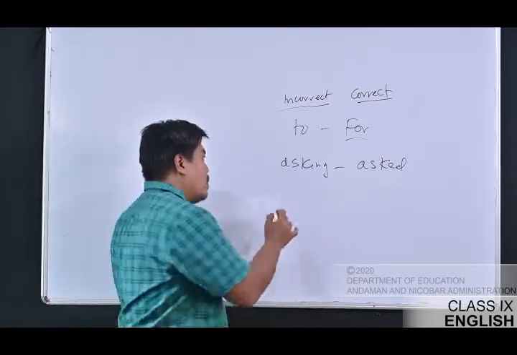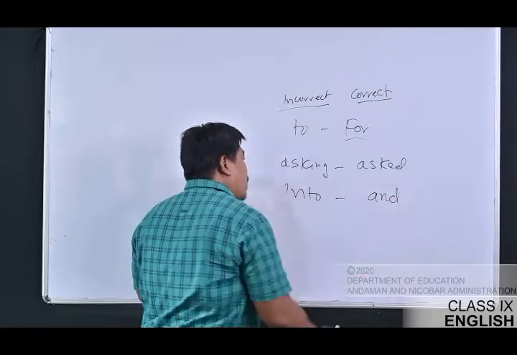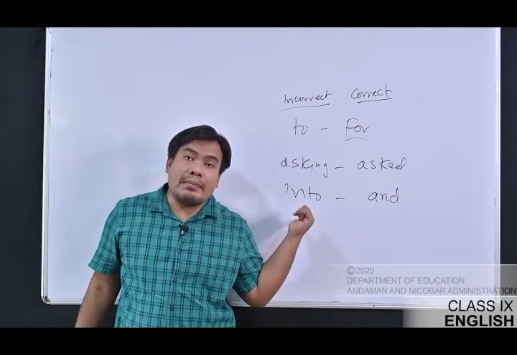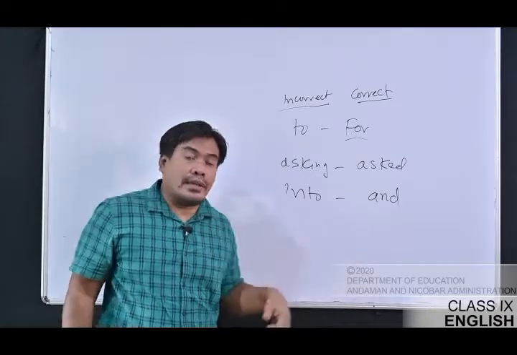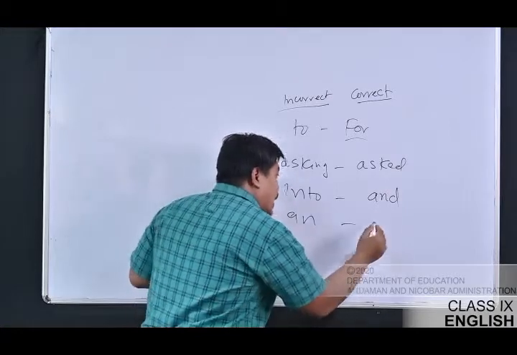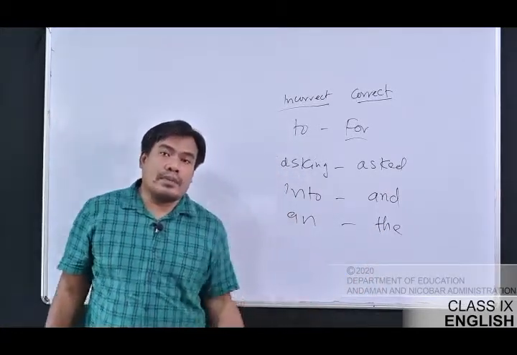That "into" is wrong and it has to be "and". Measure the length and breadth of an entire earth. That "an" is incorrect, and it has to be "the" here, the entire earth.